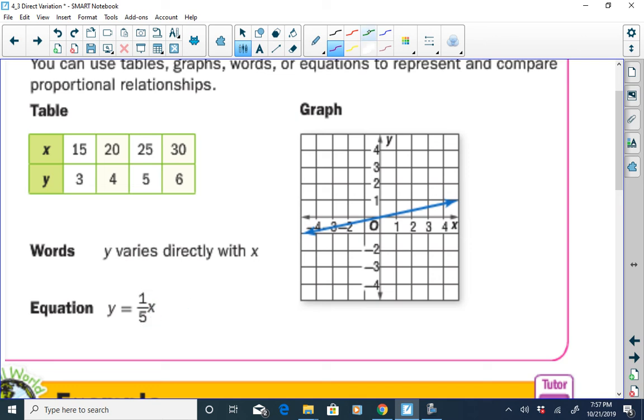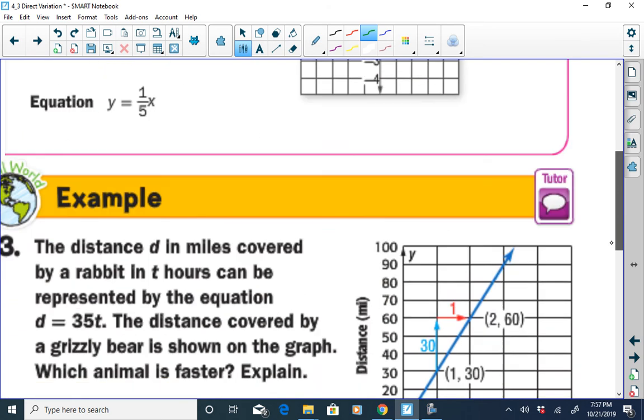I can see that graphically here, with my change in y being 1 and my change in x being 5. I could see it using words: y varies directly with x. I could see it with an equation, or I could see it in the table, because my constant change here is 1 and my constant change here is 5. Change in y to the change in x is going to be 1 to 5.